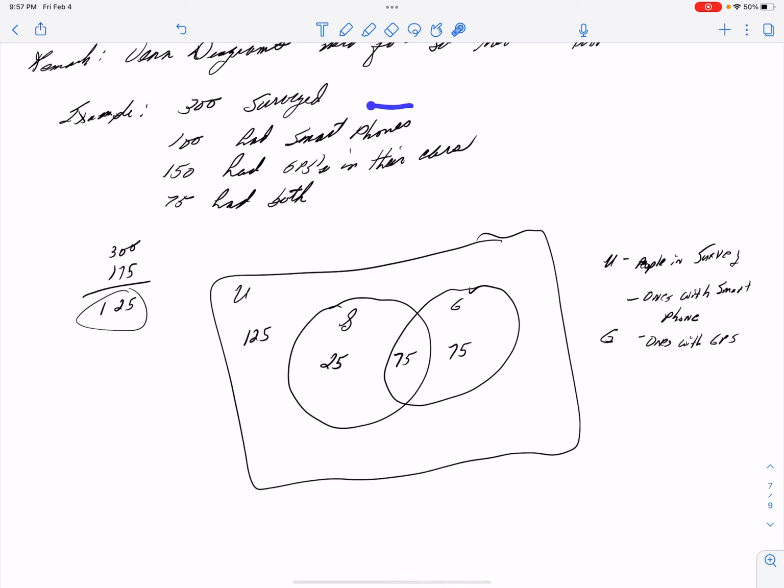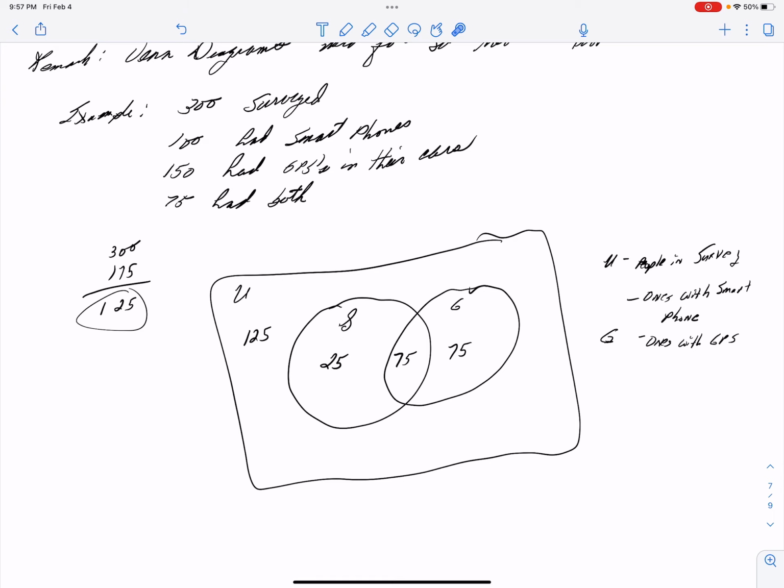Now, if I knew that there were 100 with smartphones, then the smartphones would be these 2 circles, one of which is 75. It must add up to be 100, so I can tell you that 25 is in this piece.